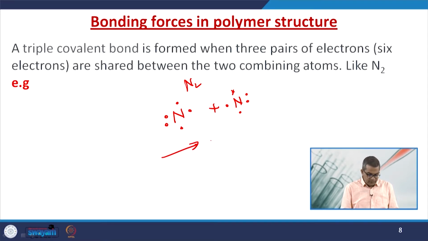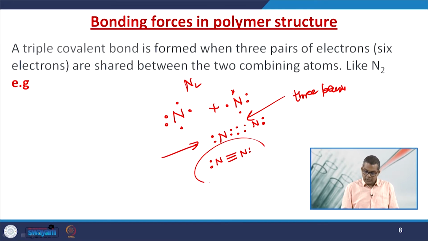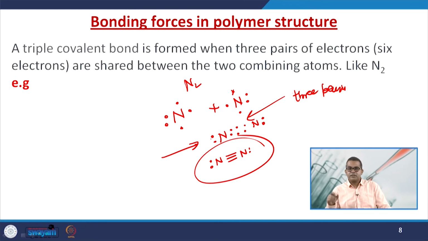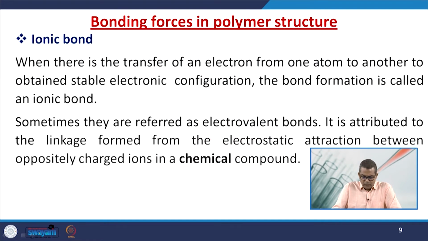When they join together with respect to the bonding, here there are three pairs. This is a very useful type of structure because it may invite several other opportunities for bonding. So we have discussed these three different types of covalent bonding systems.